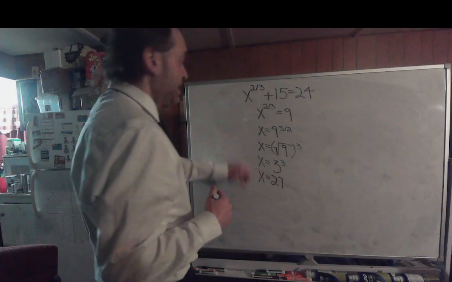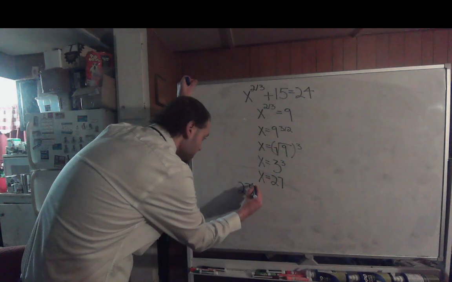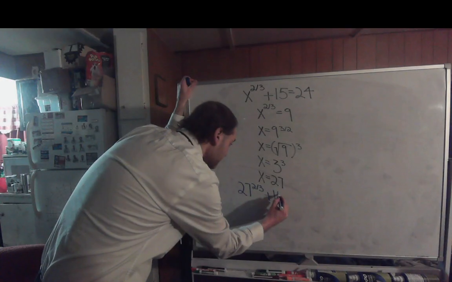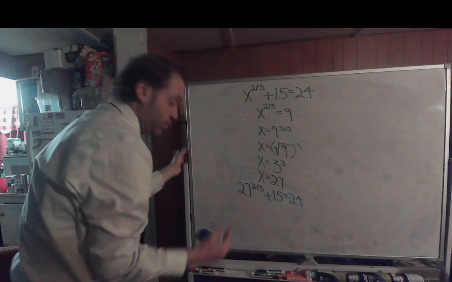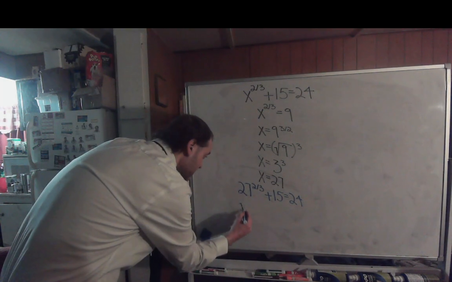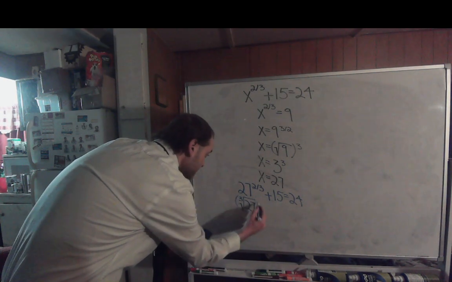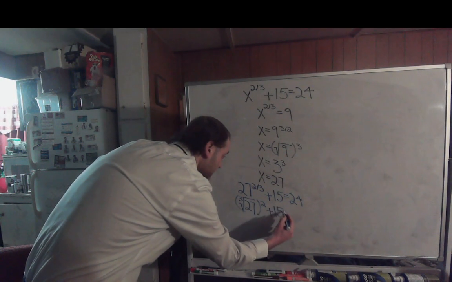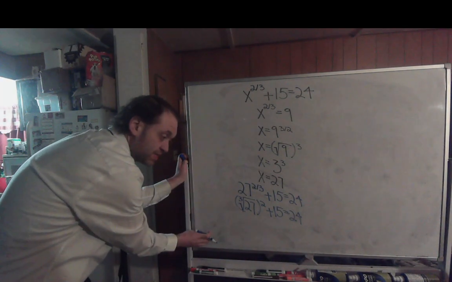So put in that x value of 27 here. So 27 to the 2/3 plus 15 equal to 24, which is the same as the cube root of 27 raised to the 2nd power plus 15 equals 24. Now what is the cube root of 27?